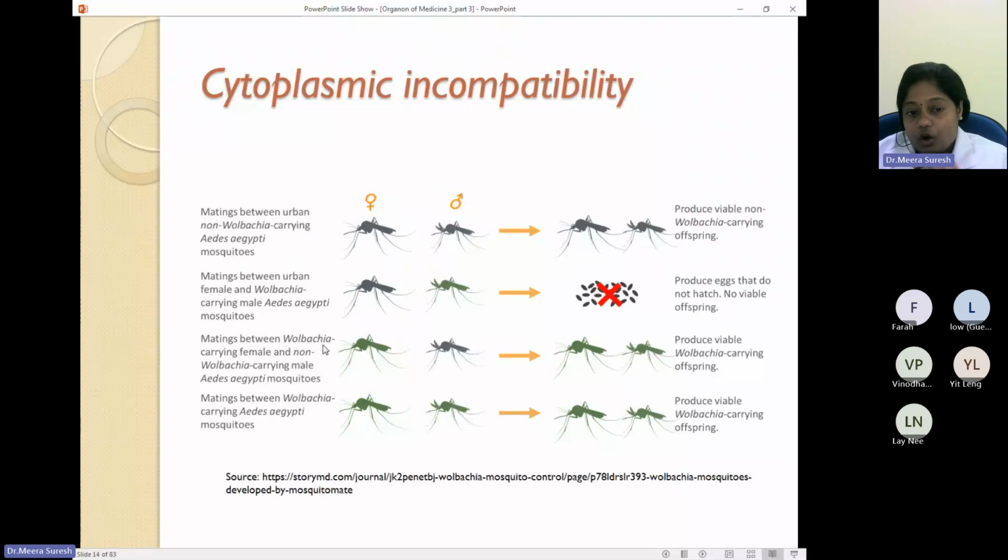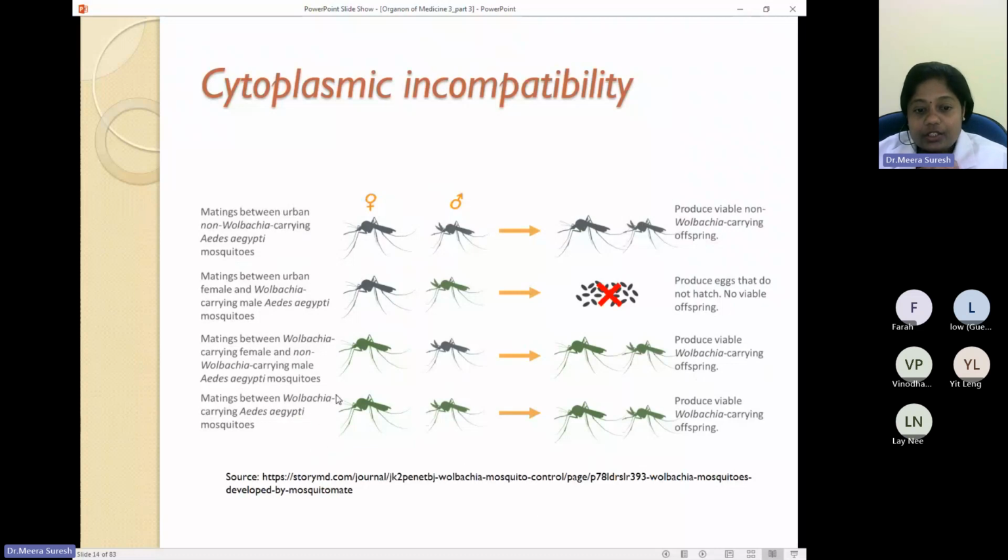They have also seen the combination where the female is infected. If the female is infected and the male is normal, then they also produce mosquitoes, but these will be Wolbachia-carrying offspring. This is also useful because if those offspring get naturally infected by the bacteria, then in the coming generations the mosquito population will be reduced.